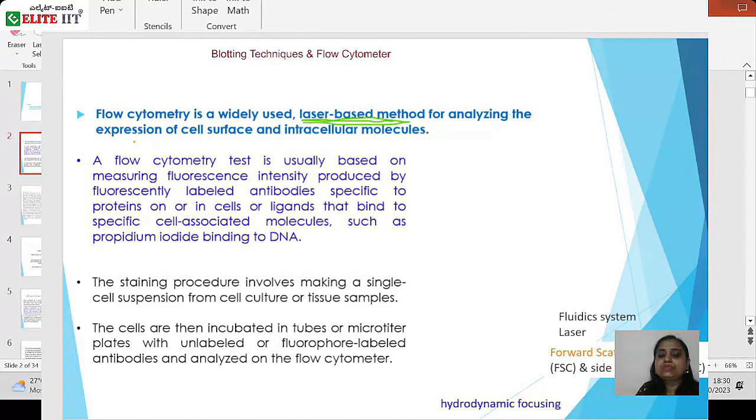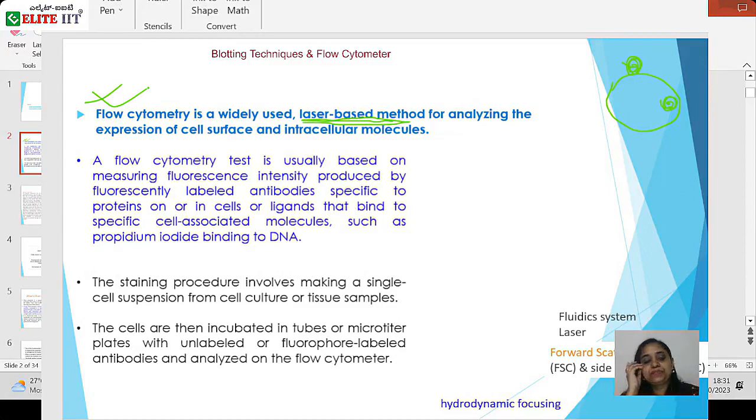In that case, mostly we are determining proteins. They may be present on the surface, or present inside the cell. You can identify both cases through flow cytometry, an internal molecule or a cell surface molecule.